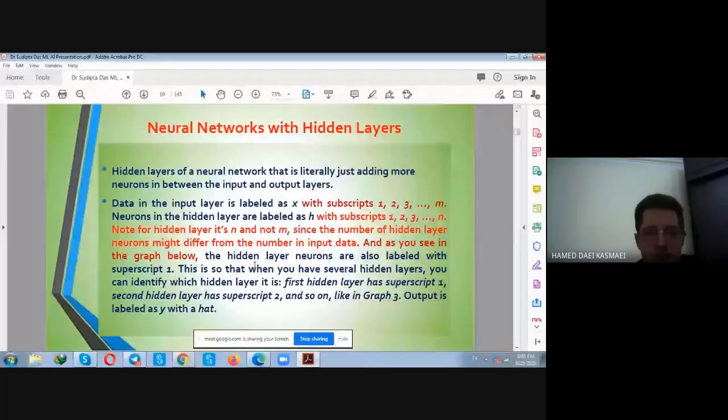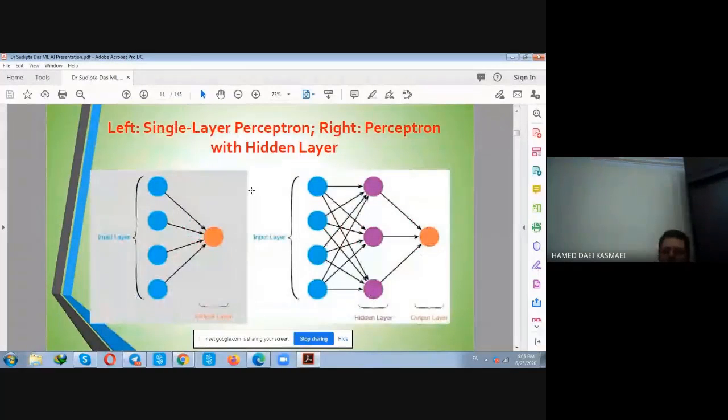So you will see here the single layer perceptron and the perceptron with hidden layer: the input layer, hidden layer, and output. The left is the single layer perceptron, without a hidden layer, but the right is the perceptron with a hidden layer.